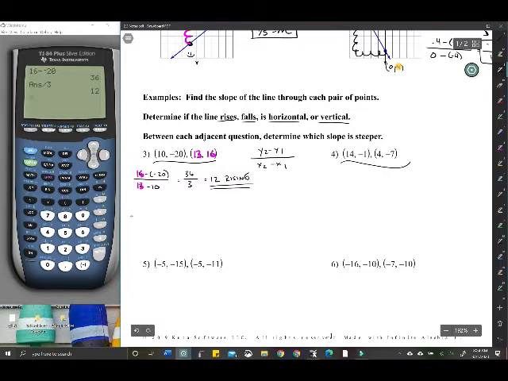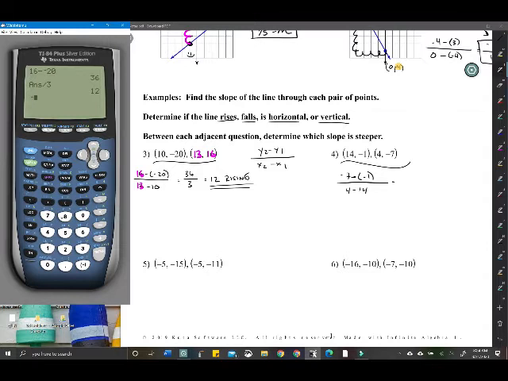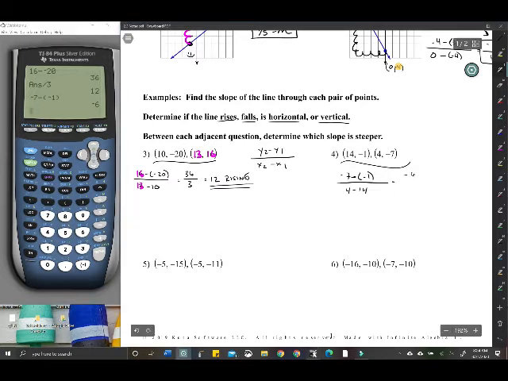Number 4, -7, y2 minus y1. I always put my negatives in parentheses for the second number there. 4 minus 14. Here we have -7 minus -1, which is -7 plus -1, which is -6.